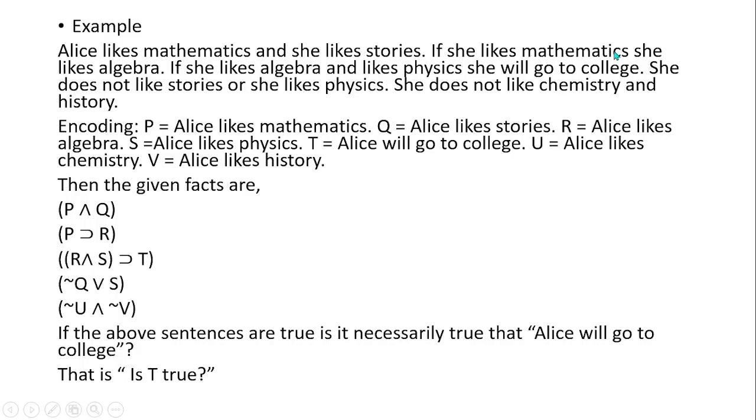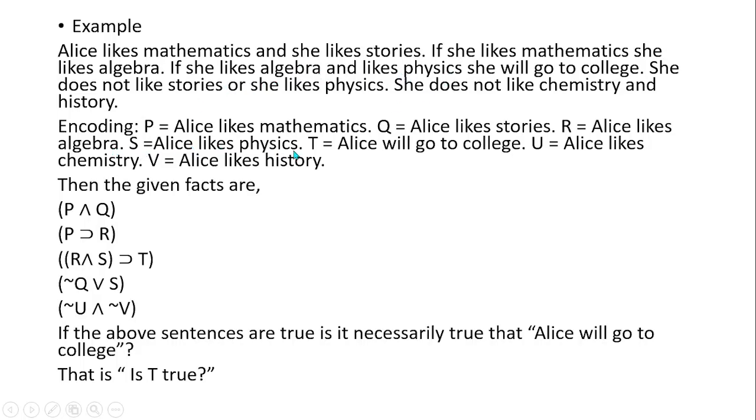If she likes mathematics, she likes algebra. So first she likes mathematics, she likes stories, and another is algebra. So R, we took R as likes algebra. Then she likes algebra and likes physics.